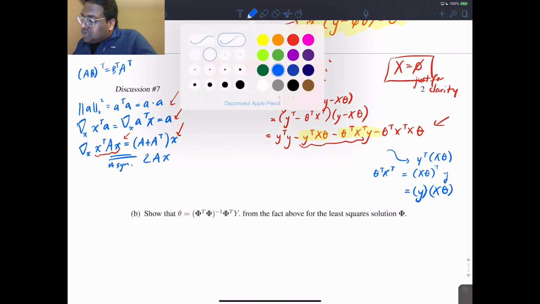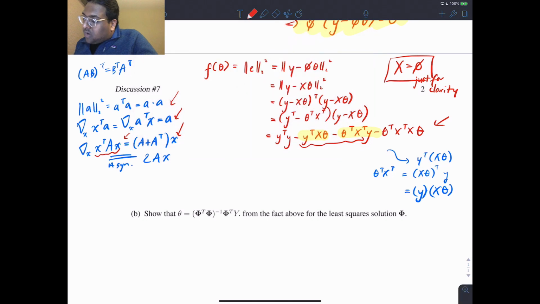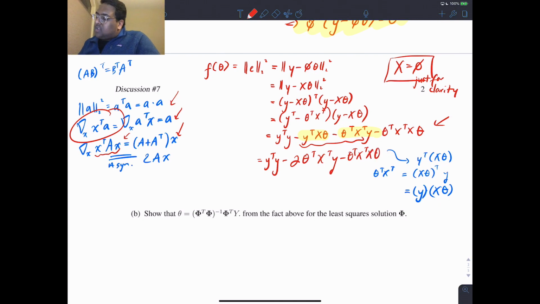And so in order to write this in terms of theta transpose times something, so that I can use this gradient rule over here, I will write this as minus 2 times theta transpose x transpose y. There are several ways I could have written this expression.